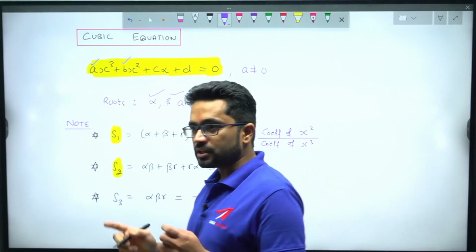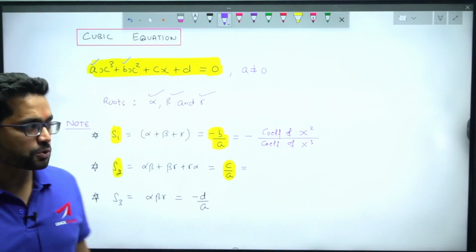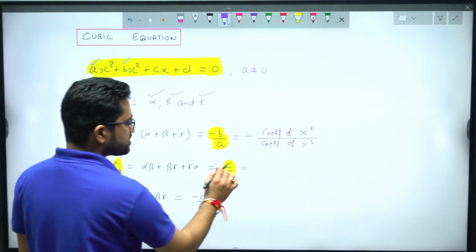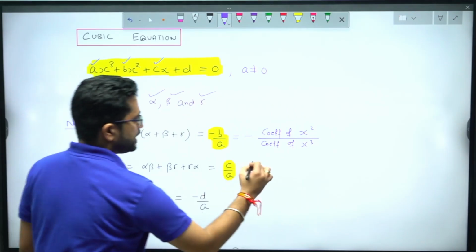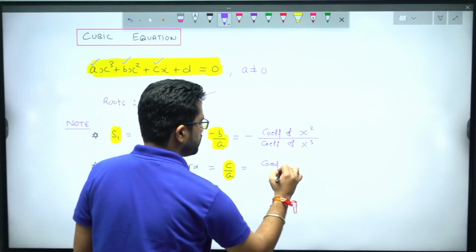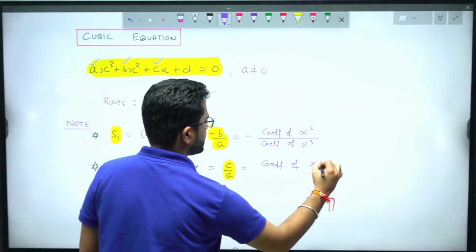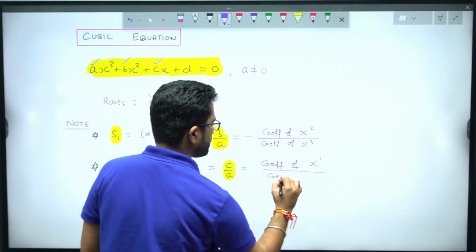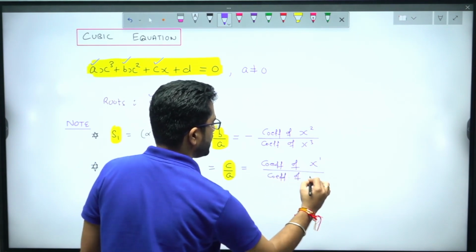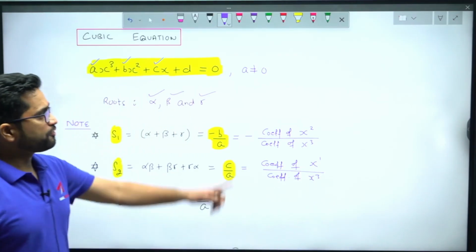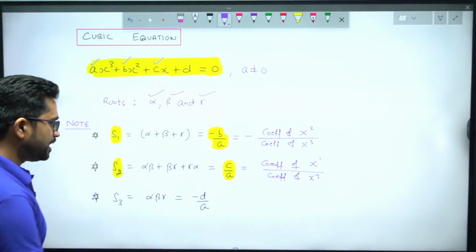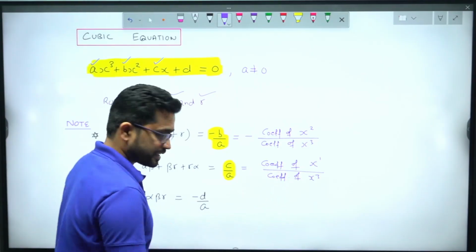If you take the combo 2 at a time and then add, it comes out to be c by a. What is c here? It is the coefficient of x power 1 upon the coefficient of x cube. Here I am not writing the minus sign.